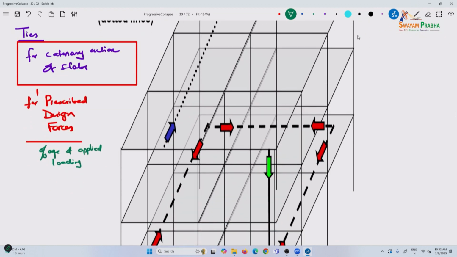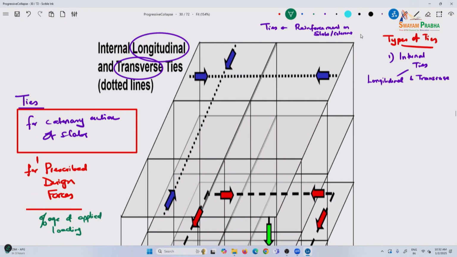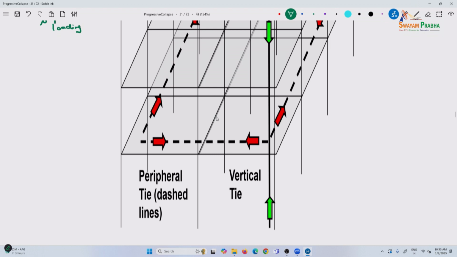Then you have external ties, peripheral ties. So, the second type is peripheral ties. As you see, the peripheral ties are the dashed lines here, and then vertical ties in columns.